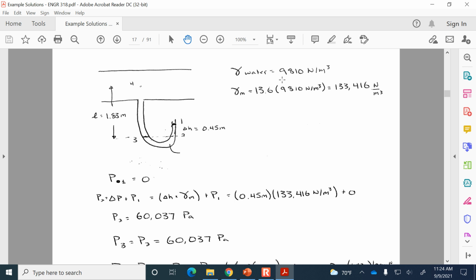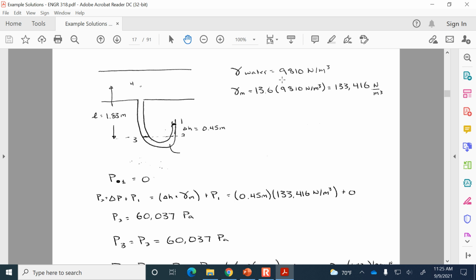And it's this mercury manometer fluid, so I'm going to use the unit weight of the very dense mercury, 133,416 newtons per meter cubed. And that is 60,037 pascals. So that's the pressure here at location 2.